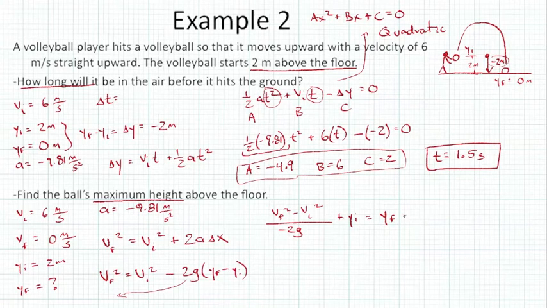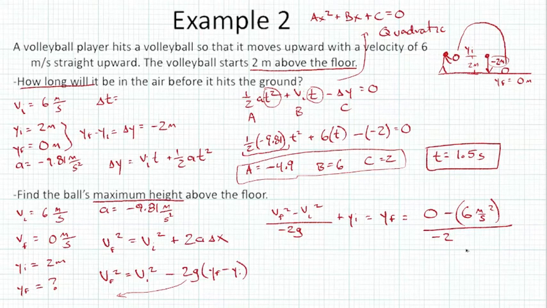So what is that? What's our final velocity squared? Well, that's easy. That's 0. We're going to subtract our initial velocity squared, 6. So it's that value. You know what? I should put that inside the parentheses because we're going to square 6 and then subtract it from 0. And divide it by negative 2 times 9.8.